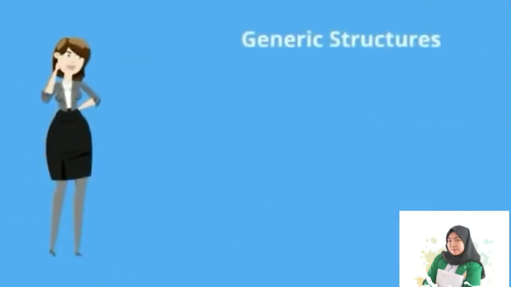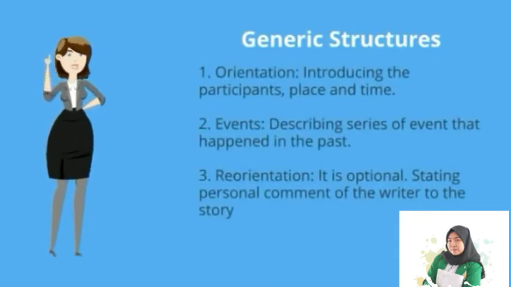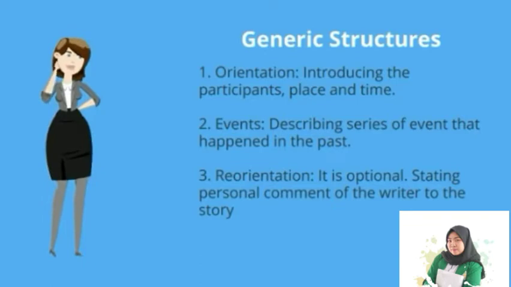We continue. There are generic structures. The first, orientation. It is introducing the participant, place, and time. Participant is like the character. It means that I, you, or Yuris, Winda, and so on.